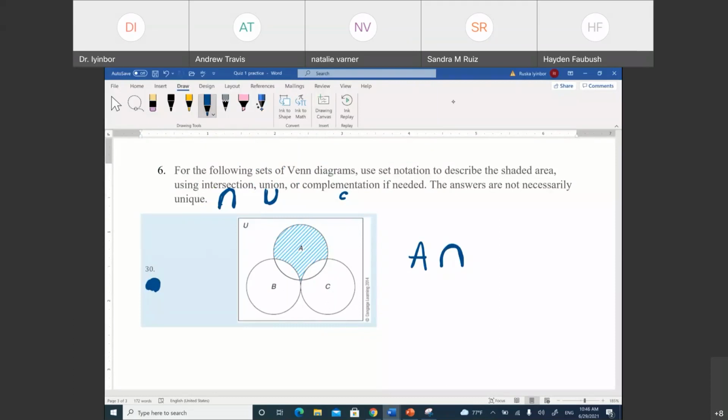So how are you going to express this part here? And actually everything outside. How are you going to describe this? Outside of B and C. Because when you get the intersection, the common part between the outside and A, you're going to get exactly this shaded area.